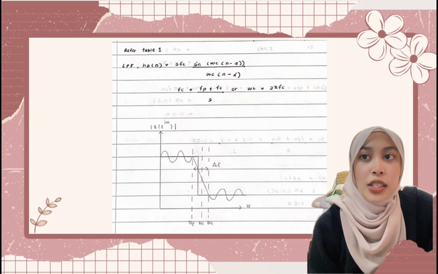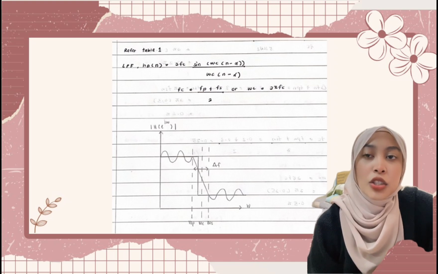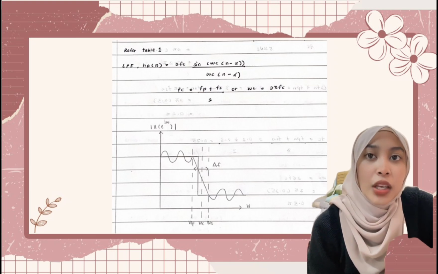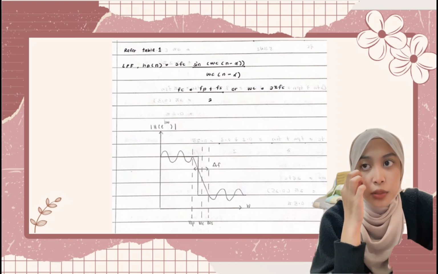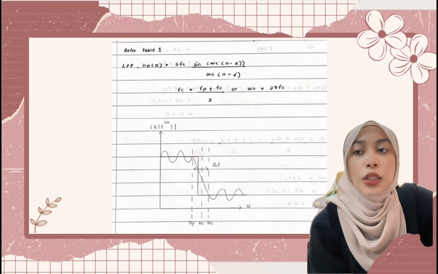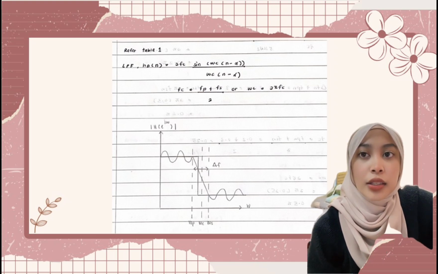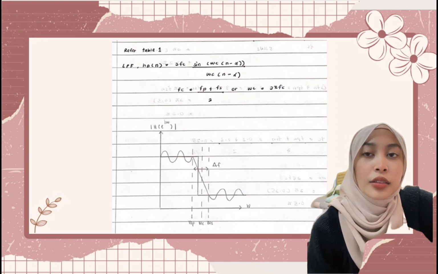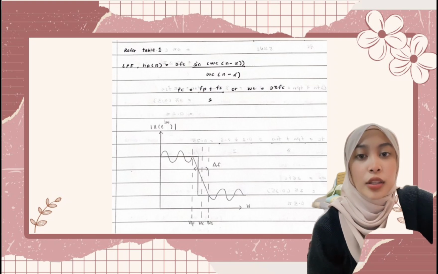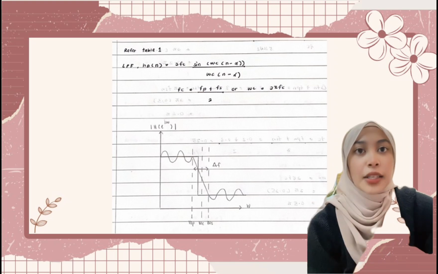Beyond ws, in the stop band, the magnitude becomes very small, close to 0, which means high frequencies are attenuated. The width between wp and ws, we call the transition width. The response is designed using an ideal response formula shown on the slide.